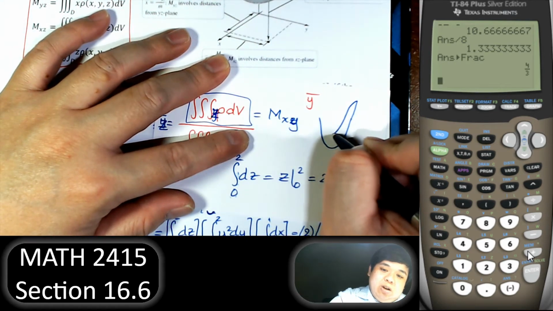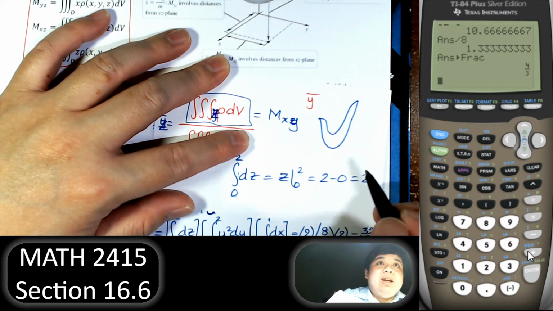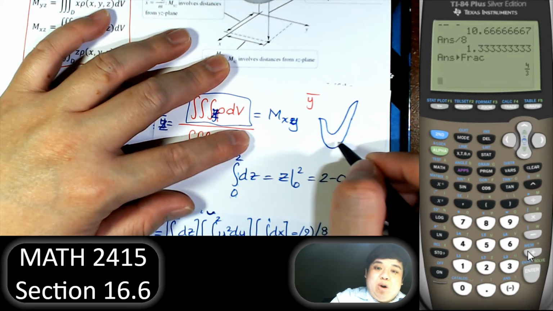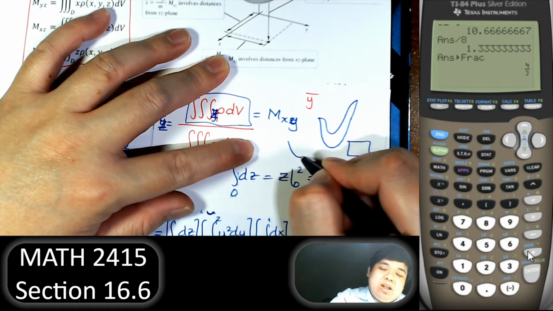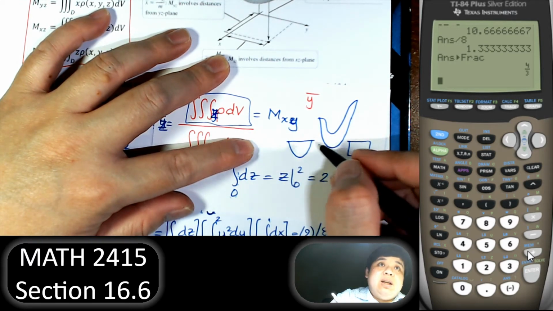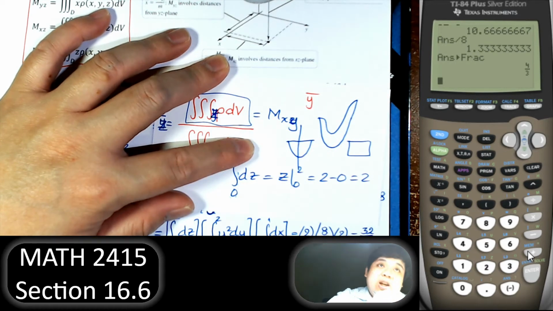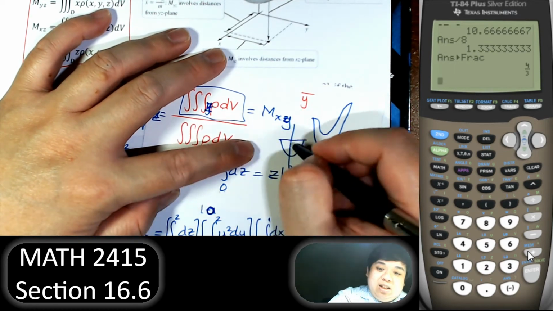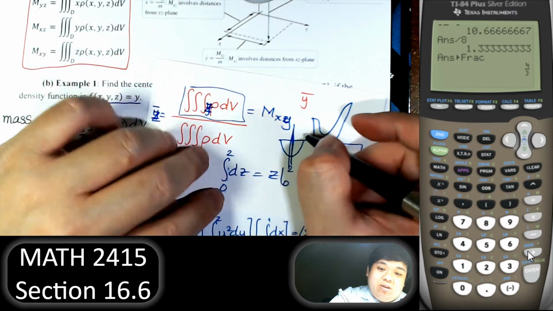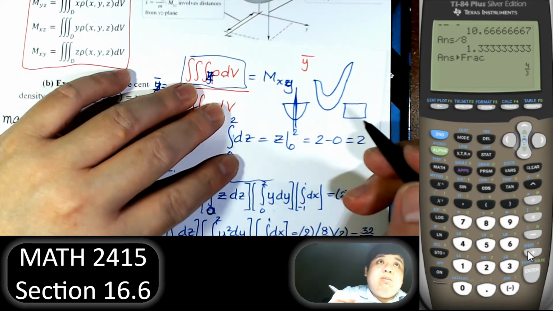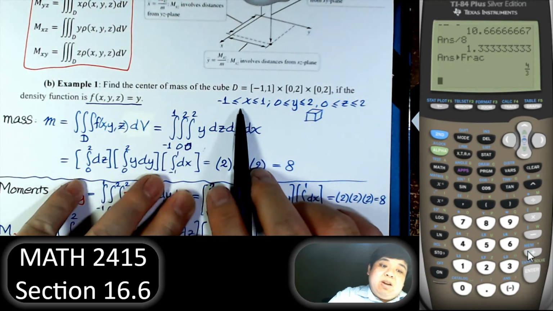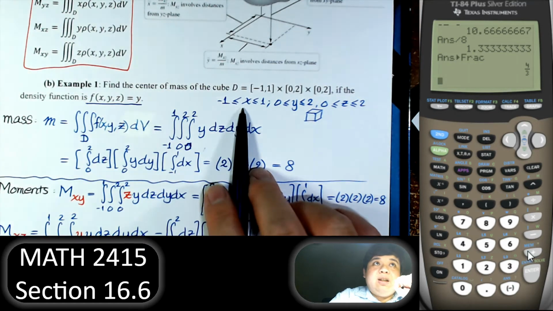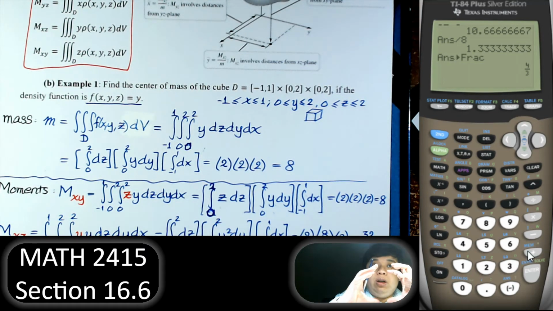By the way, we're talking about a cube. If we talk about some parabola, some irregular shape like this, the center of mass, of course, I'm not sure where it is. But if we're talking about a box or something symmetric, then the center of mass, if it is symmetric, does not depend on the density function. It will be right in the middle, just like this, because the density does not depend on x, and this is a cube or rectangle, anything that is symmetric.